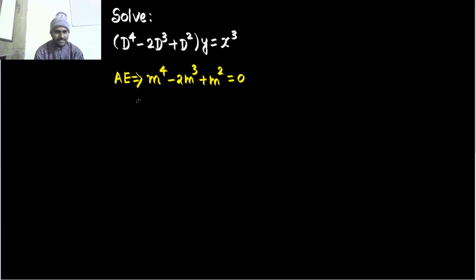So let's see in this case. As I can see, at least two powers of m are there in each of the terms. So if I take m^2 common, I'll get m^2 - 2m + 1 equals 0. Now inside, what I am having is nothing but (m - 1)^2.